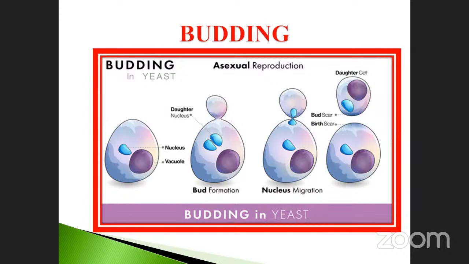After the division, the daughter nucleus enters into the bud. Finally, it detaches from the parent and is called a daughter cell. Once again it matures, and the process repeats. It is nothing but a cyclic manner.